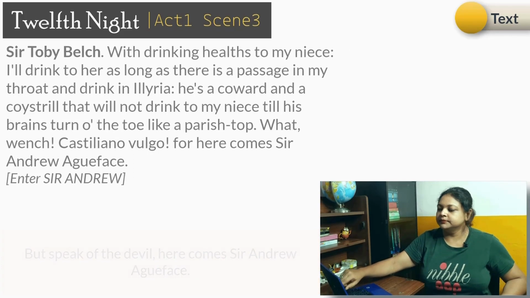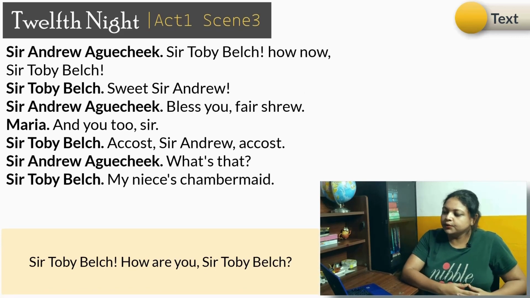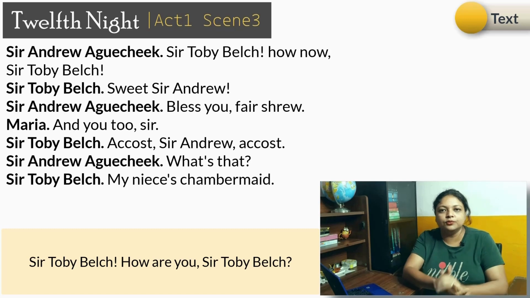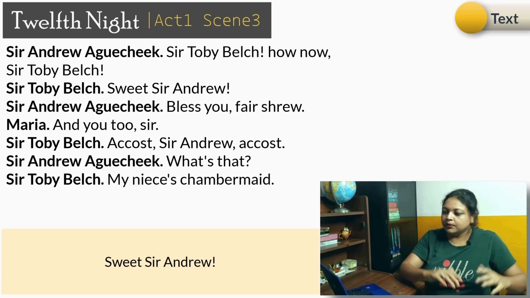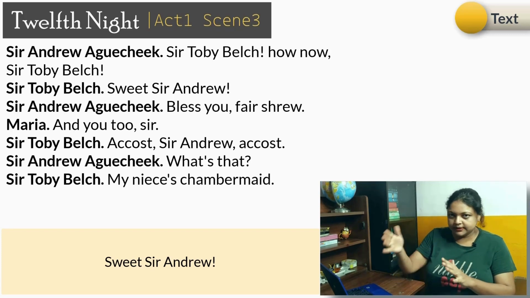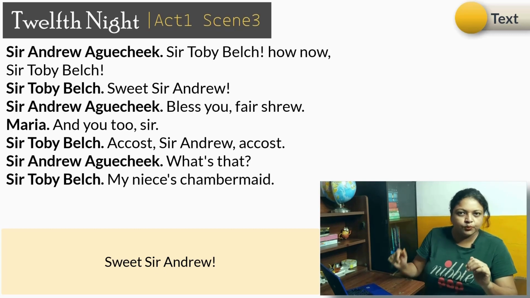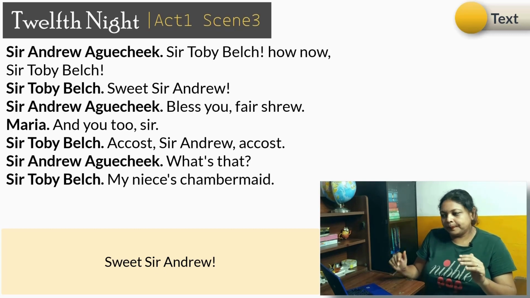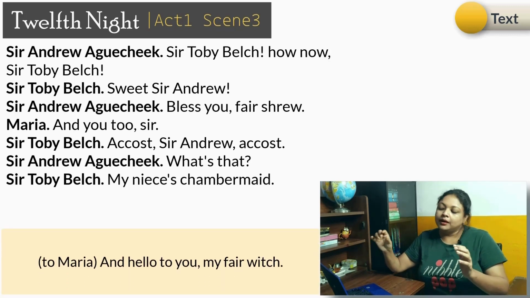Sir Andrew enters. Sir Toby Belch. How now, Sir Toby Belch? So Andrew has come and he has suddenly seen Toby standing there. Sweet Sir Andrew. Now Andrew, he just sees that there is this woman standing. Maria is standing there. Andrew doesn't know her. So he feels a bit interested who this woman is. And he says, bless you, fair shrew.